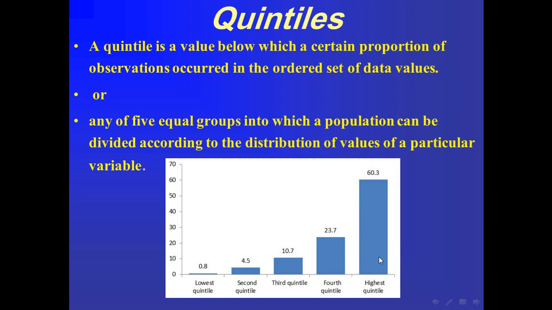So any measurement found, which one has the highest proportion, and the same as we said, a quintile is a value below which a certain proportion of observations occurred. So suppose here we have the ages, and the highest quintile is equal to 60%. They are in this age, and the fourth quintile, which is less, is in the second age group, and the third quintile, which is less, in the third, and so on, and the lowest here in the fifth group. So we call it the quintile.